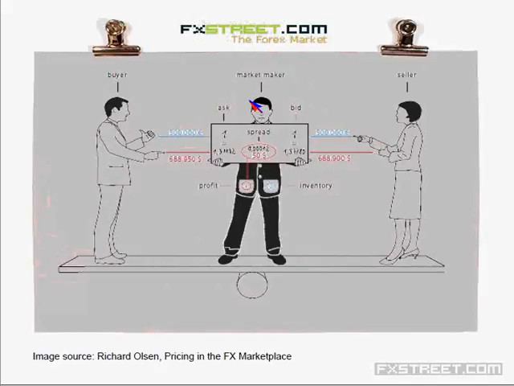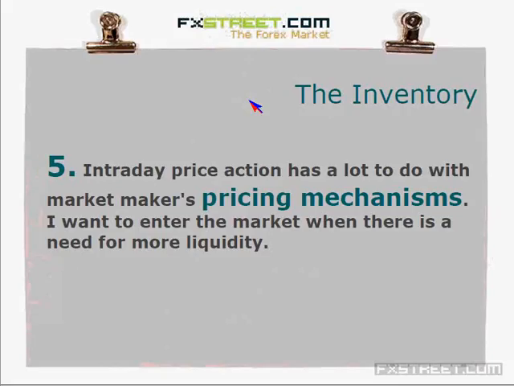This is when price adjustments have to be made. Well, we will not go very deep into this issue right now. It's just for you to have an idea of what we talk about when we say pricing mechanisms or liquidity.